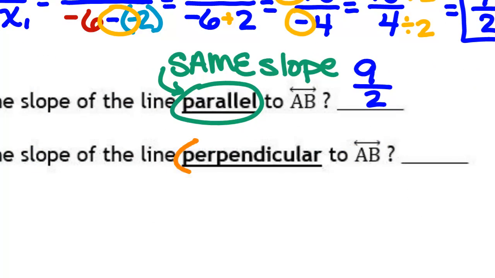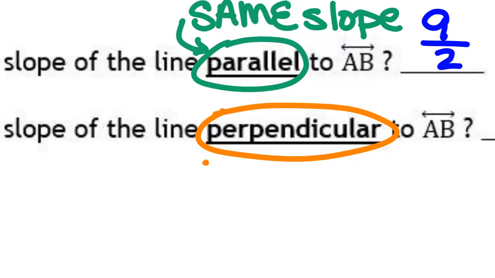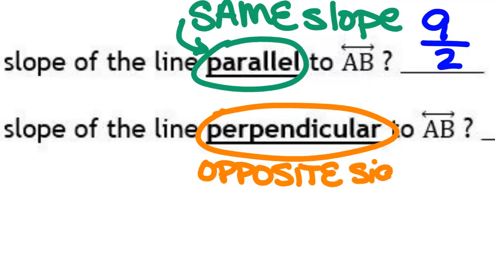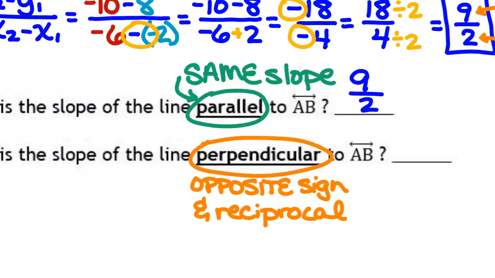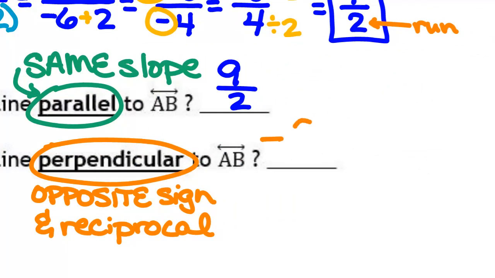For perpendicular, we need opposite sign and reciprocal. -2 over 9, yes. We changed it from a positive to a negative, so we changed the sign, and then we flipped the fraction over.